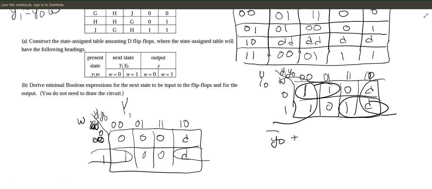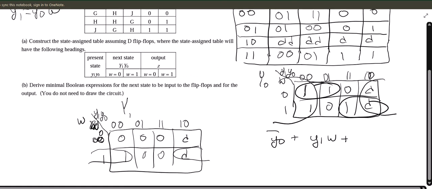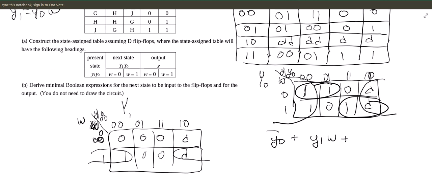And this group of 2 is Y1 W. And this last group right here is Y1 bar W bar. Okay, now we just need to get Z.